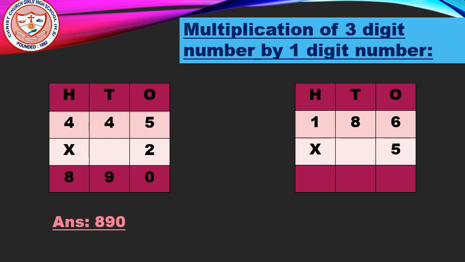First, we are going to calculate 5 into 6, then 5 into 8, and then 5 into 1. If we do that, we are going to get the product 930. Right, girls? And girls, please write the answer separately. So, at last we are going to write the answer, that is 930. Clear?